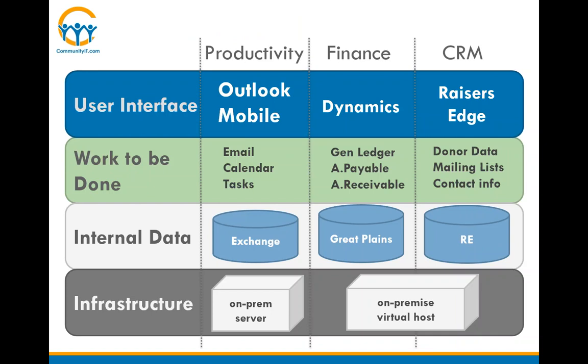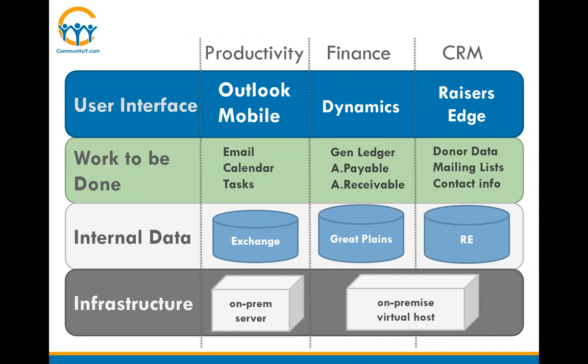So in this very simple, basic example, this organization is using Outlook, and they have a mobile interface to help staff be more productive. They're using Great Plains Dynamics for their finance, and they're using Razor's Edge for their CRM. And what's the work that they're doing with these different systems?